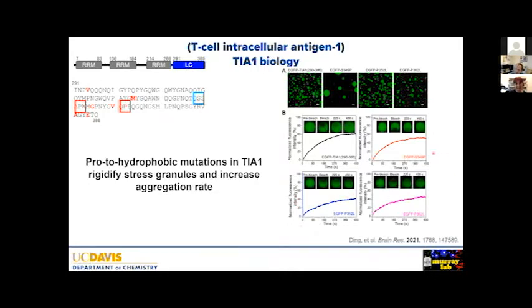For example, this serine 349 to proline mutation is actually the introduction of a proline, and it actually increases or retains mobility of the protein in liquid droplet type structures. And then these proline to leucine mutations here on the bottom actually increase the recovery time.